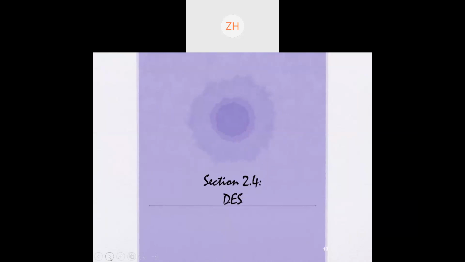Symmetrical encryption, I guess you all know, uses a single shared key. We cannot say symmetrical encryption is better or worse compared to public key encryption. They have their pros and cons.